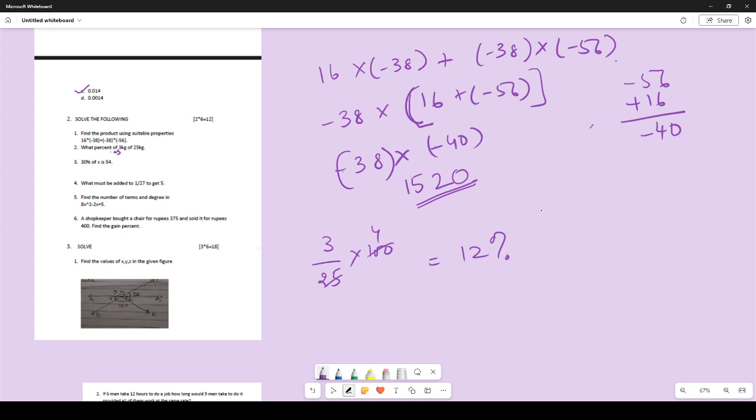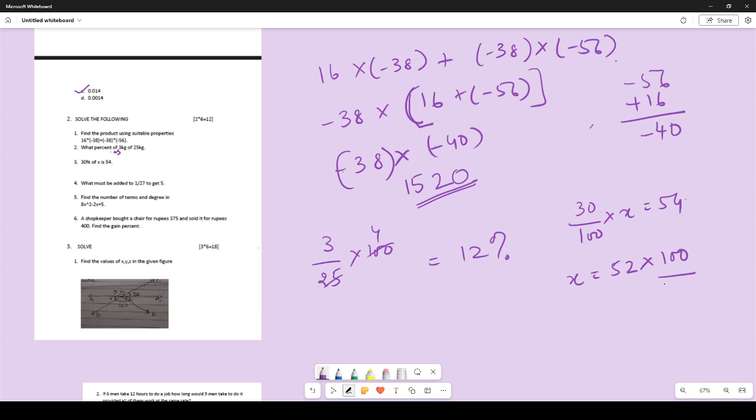30% of a number is 54. What does this mean? 30% of x is equal to 54, and we have to find x, right? So what do you do? Again, this moves to this side, and because it is multiplied over here, it becomes divided over here, or as we do it, it becomes multiplied with the reciprocal.